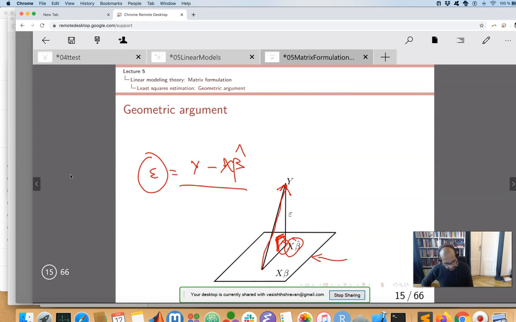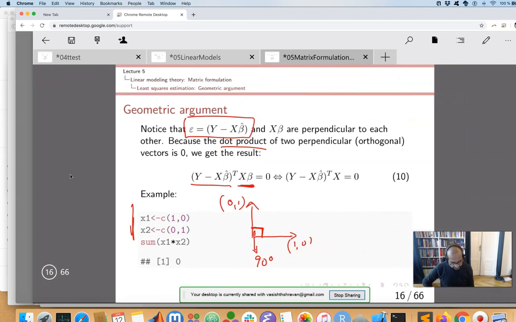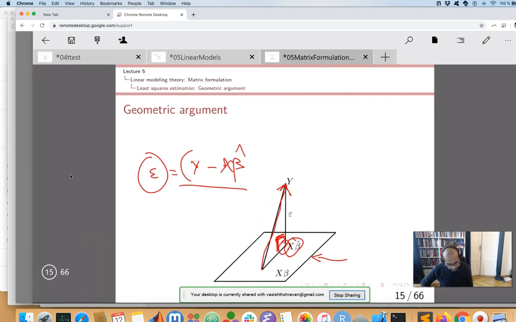So in order to do this multiplication, I'm going to take a transpose of the matrix y minus x beta hat. A transpose of a matrix works like this: suppose I have a matrix like A, B, C, D, E, F, and I take the transpose of this matrix. I convert the rows into columns and the columns into rows.